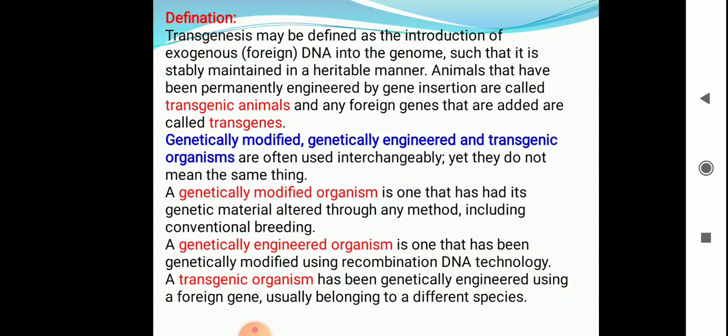Okay. Now, a genetically engineered organism is one that has been genetically modified using recombinant DNA technology. Another variety is the transgenic organism, but transgenic animals have been genetically engineered using a foreign gene usually belonging to a different species.